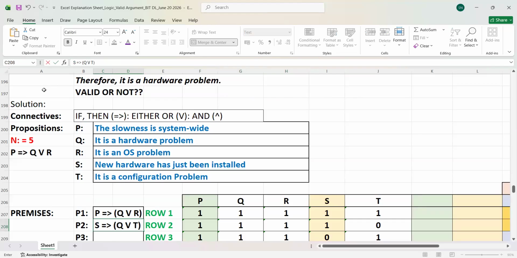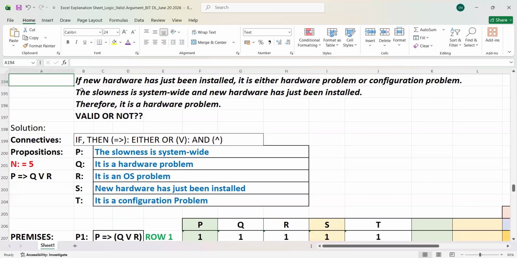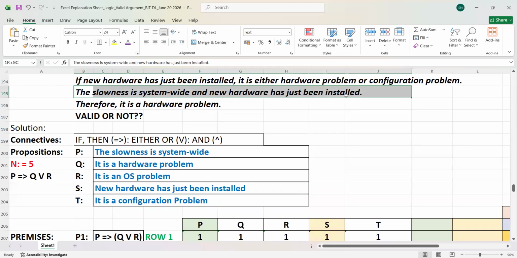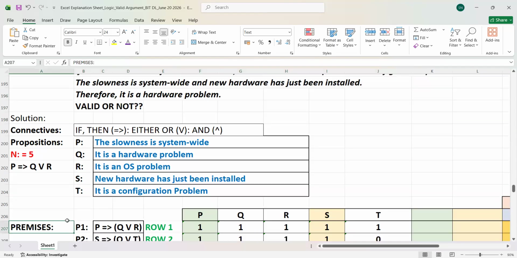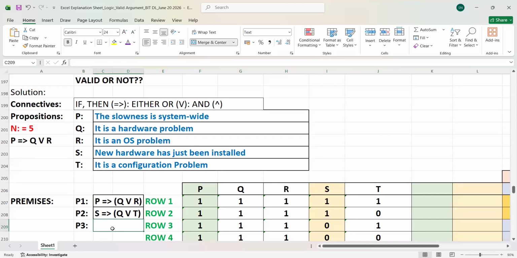Exactly. Okay, now the third and the last premise. The slowness is system-wide. That happens to be P. A new hardware has just been installed. That happens to be S. The connective is AND. P conjunction S. Exactly.